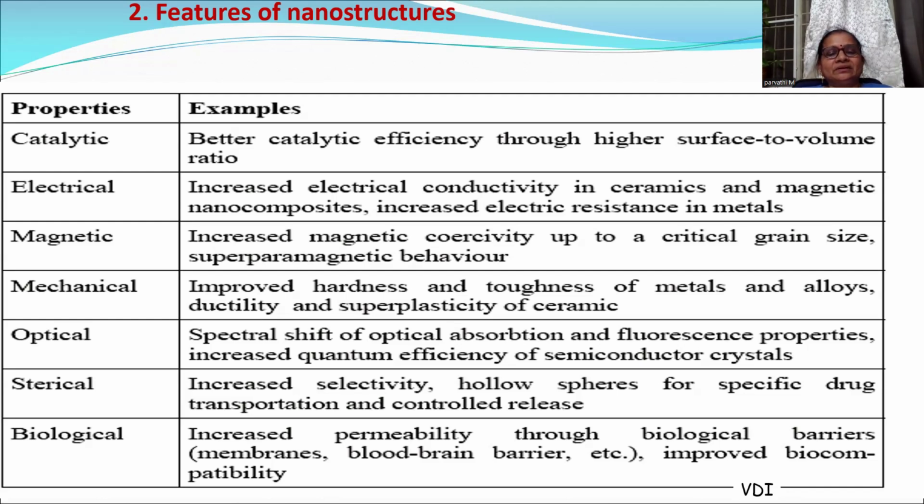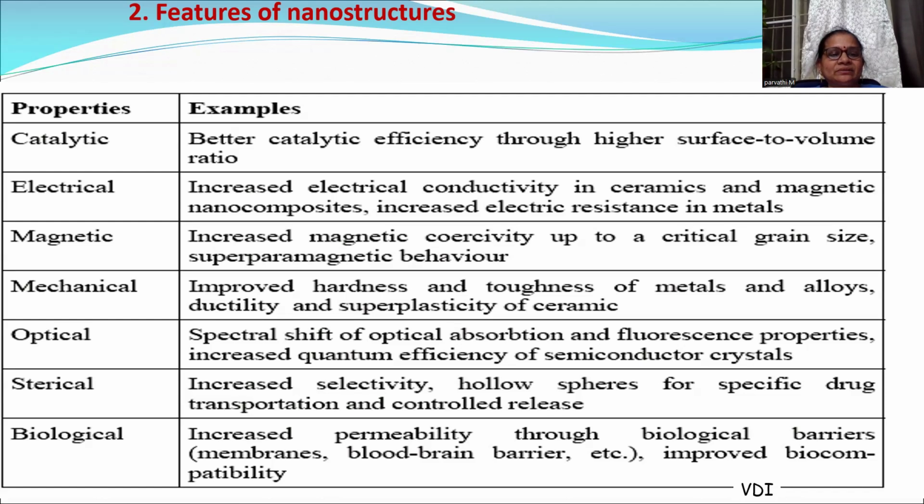And spherical is another field in which nanomaterials have high selectivity, such as hollow spheres for specific drug transportation and controlled release. So that is all spherical in medical applications.